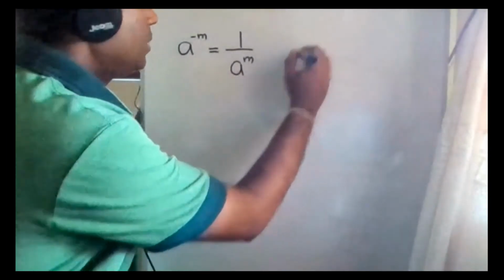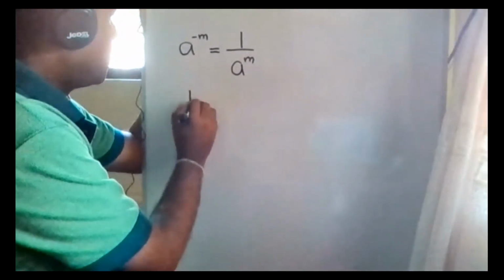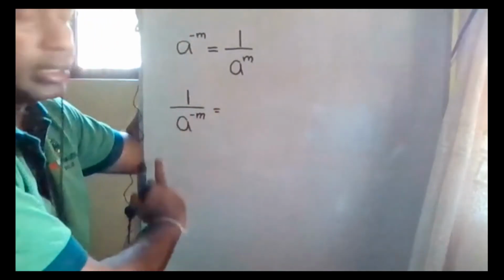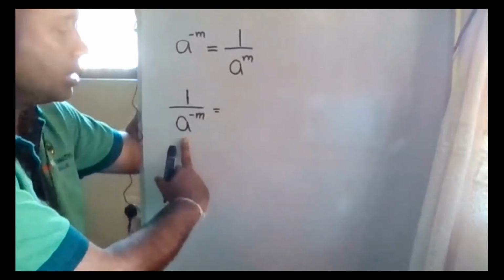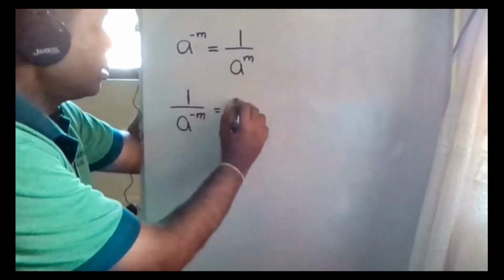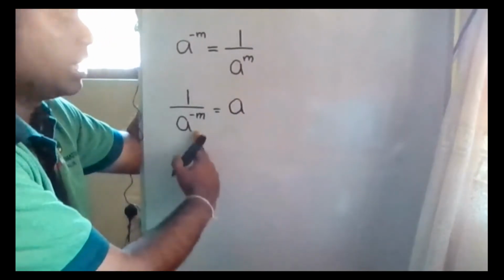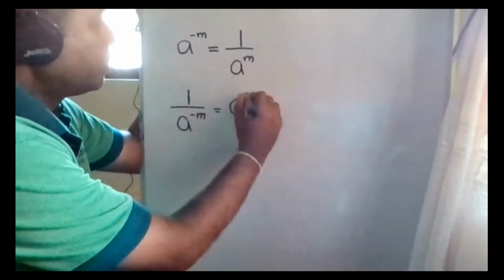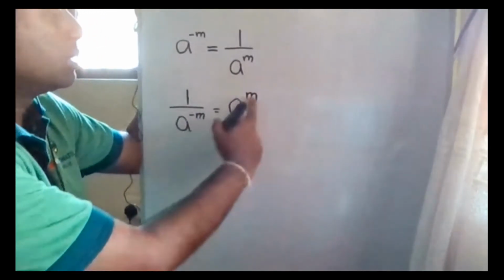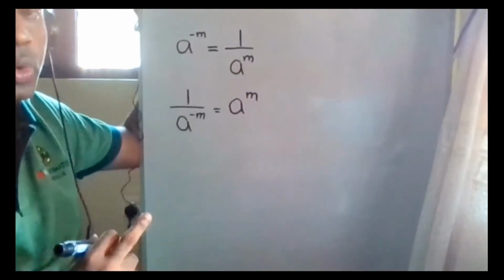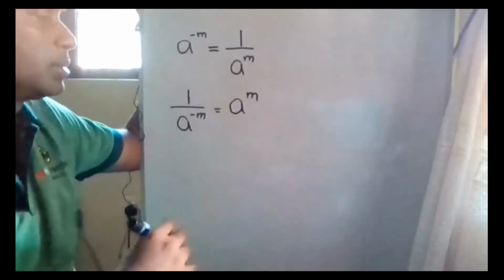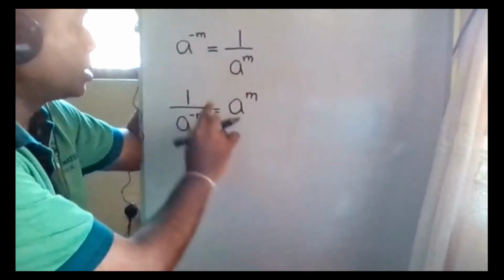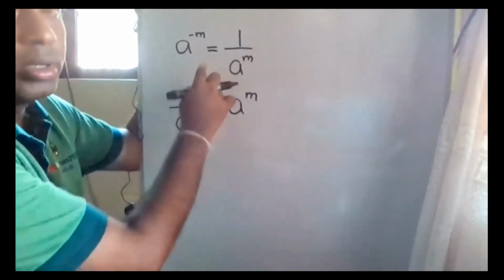And here, if it is given as a to the power negative m, where the negative index power is in the denominator place, you can convert it into a positive index by taking the denominator base into the numerator place. Now it has been changed into positive. Basically, what we should do is interchange the numerator and denominator position to convert negative into positive.